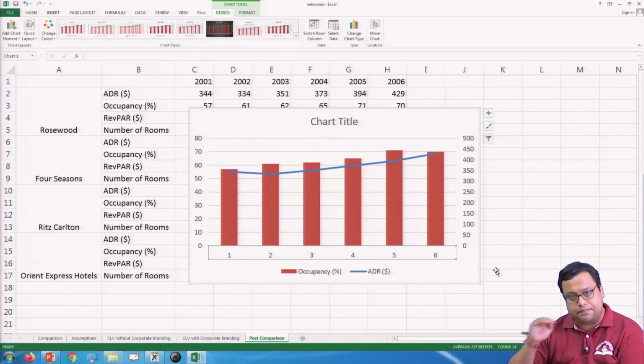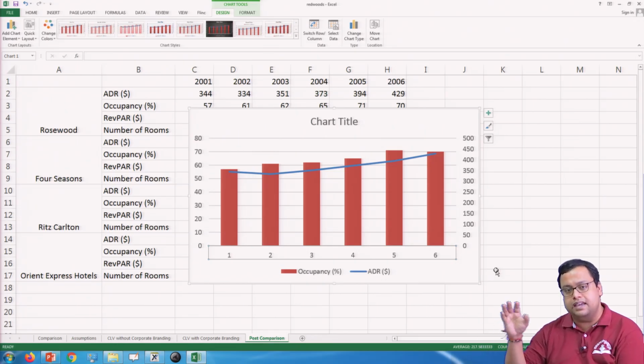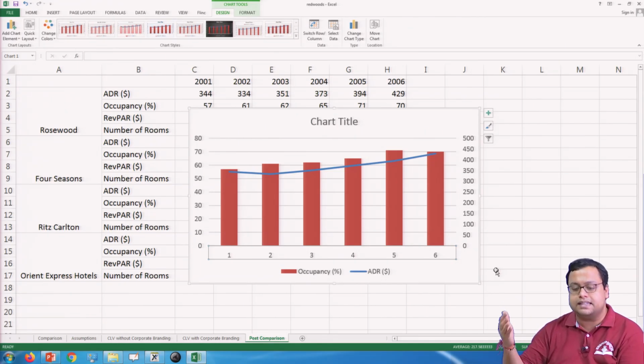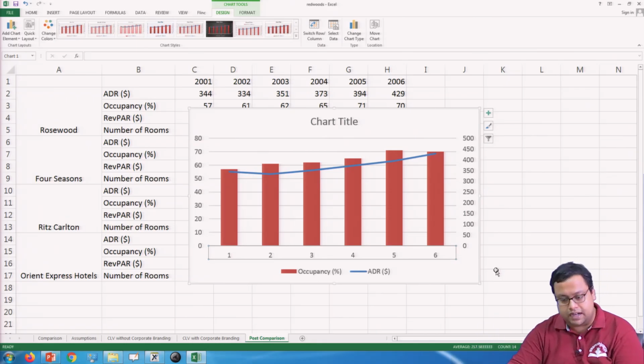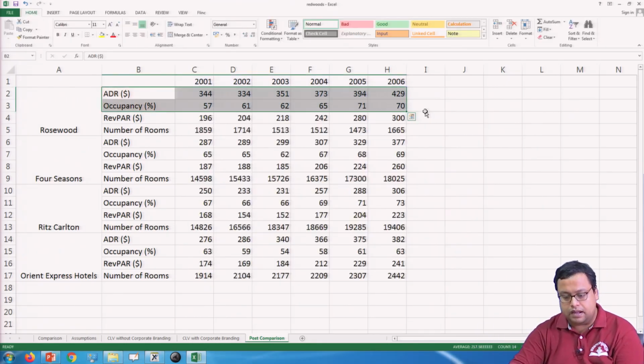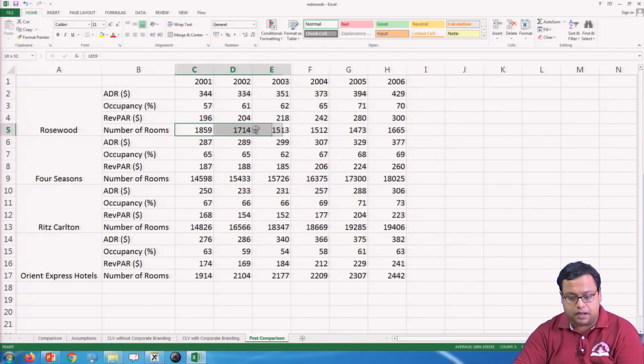So, they could keep their high room rates because people were willing to pay, but at the same time their occupancy rate went up, and on the other hand their number of rooms slowly came down. So, 1859 to 1704 to 1512.